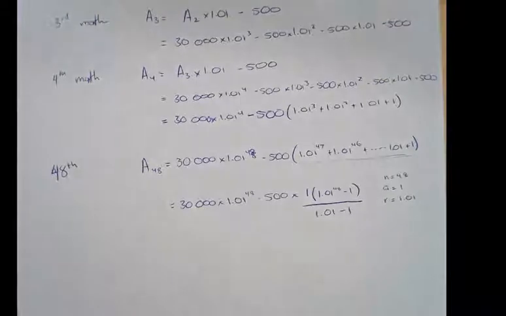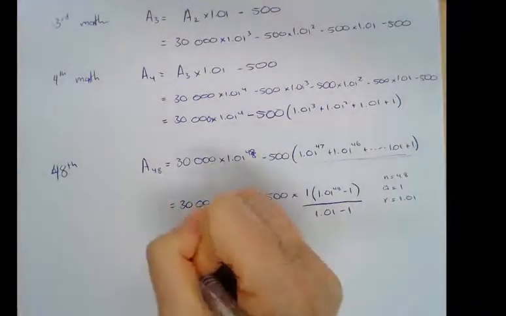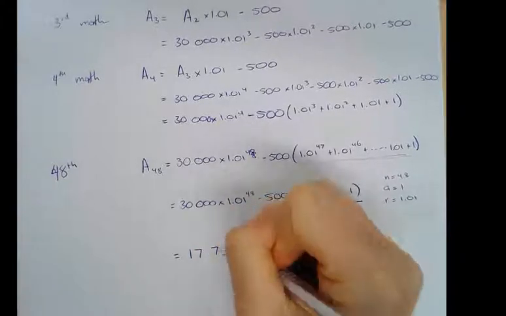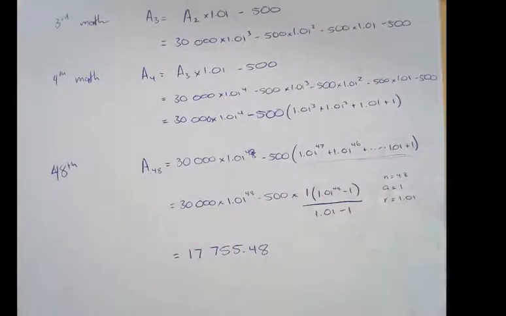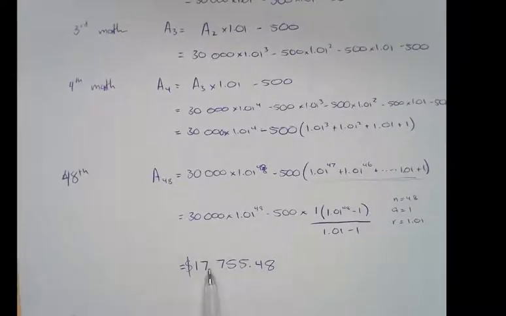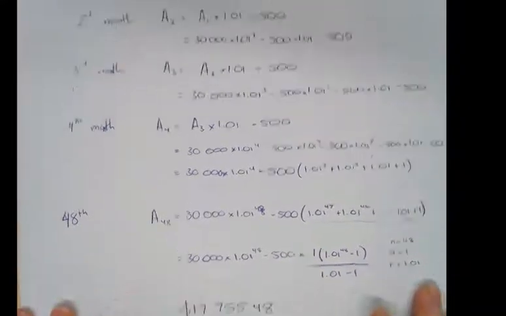And we can put all of that in our calculators, and we'll end up with $17,755.48, correct to 2 decimal places. So that's telling us that we originally borrowed $30,000, and after 4 years, we still owe $17,755.48. All right, so that's part A.